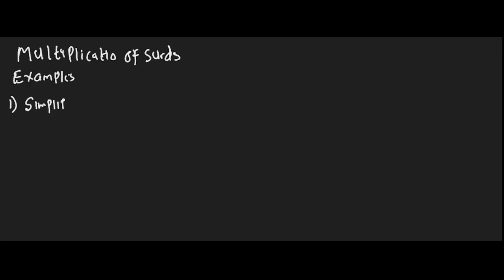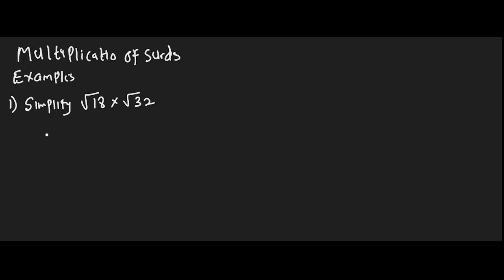Simplify root 18 times root 32. We have to simplify this. To simplify this, all we first need to do is express each of these surds in their basic form. Then when they're in their basic form, we multiply.